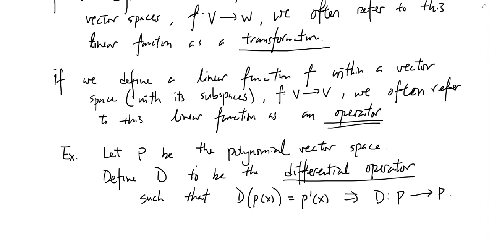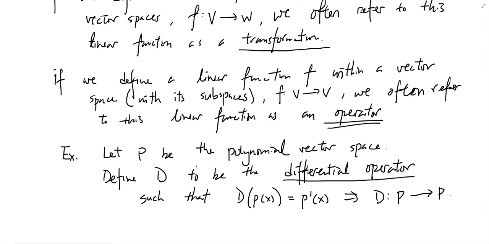You could think of the differential operator as going from P sub n to P sub n minus 1. That will work, but notice that P sub n minus 1 and P are two different vector spaces, yet one is a subspace of the other, and the objects involved are very similar, almost identical. So in this scenario, it's easier and more appropriate to define it as an operator rather than a transformation.